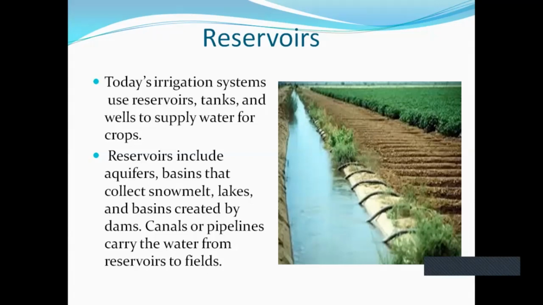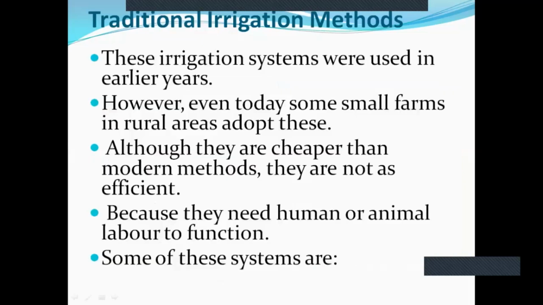Then there are lakes as well as dams created by humans. From the dams, canals or pipelines carry the water from these reservoirs to the fields. So this is how the farmer gets the water.